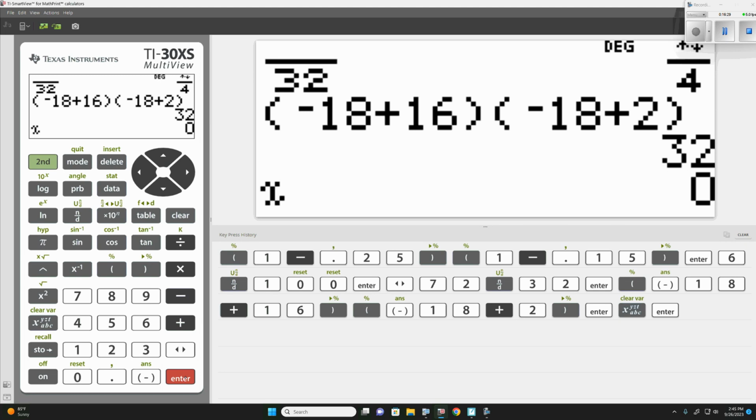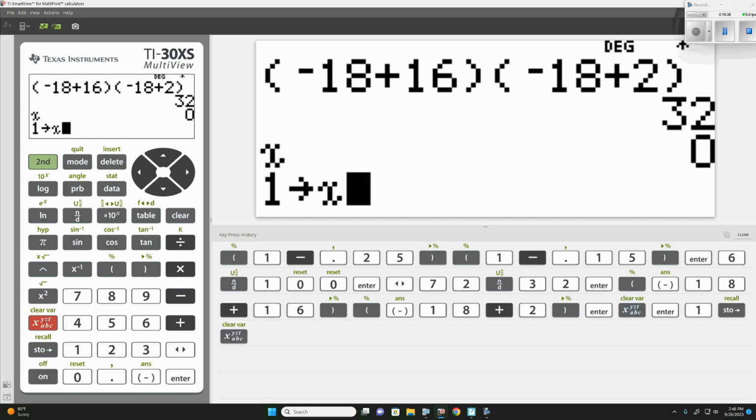Variables in both the calculators need a value. Now it's 1. But again, the calculator needs a value for it. So it doesn't see it as x. Now it sees that x variable as having a value. It needs a value for it. It can't just treat it like a variable.